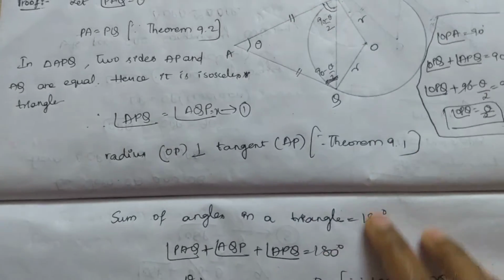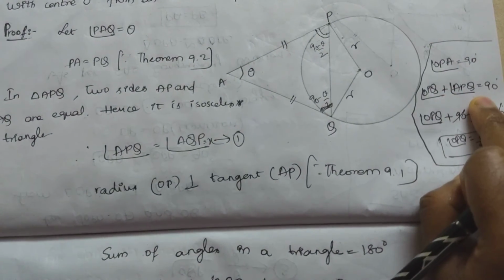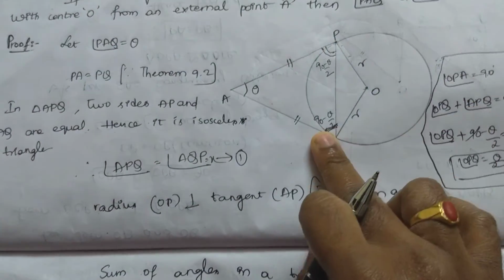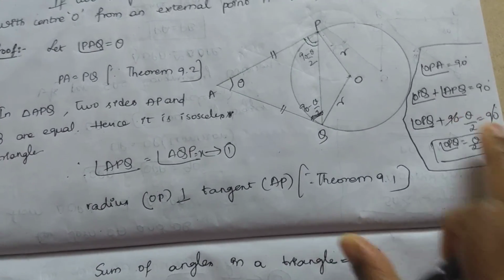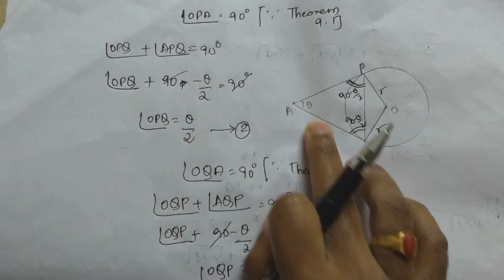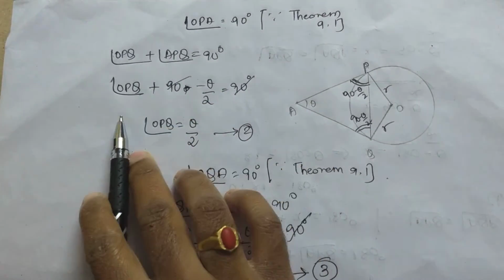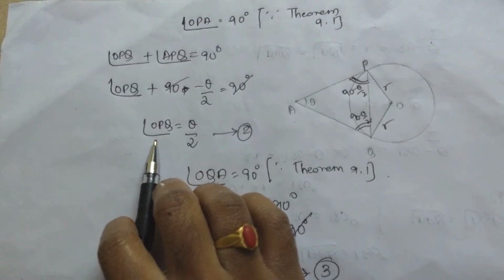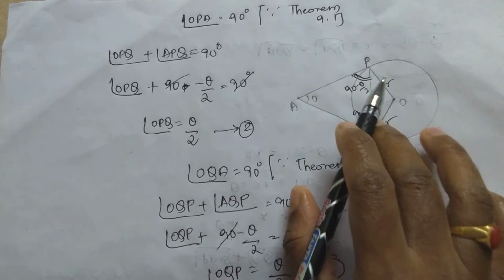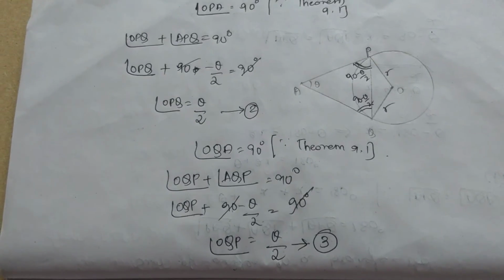Angle OPQ plus angle APQ equals 90 degrees as per theorem 9.1. From this I got the OPQ value as theta by 2, because we know the APQ and AQP values. In the same way, angle OQP value also we got as theta by 2.